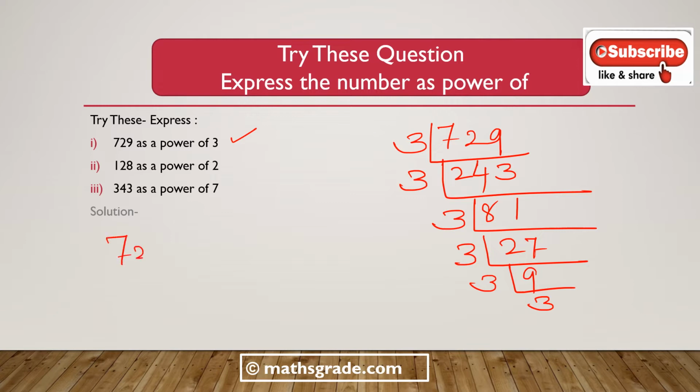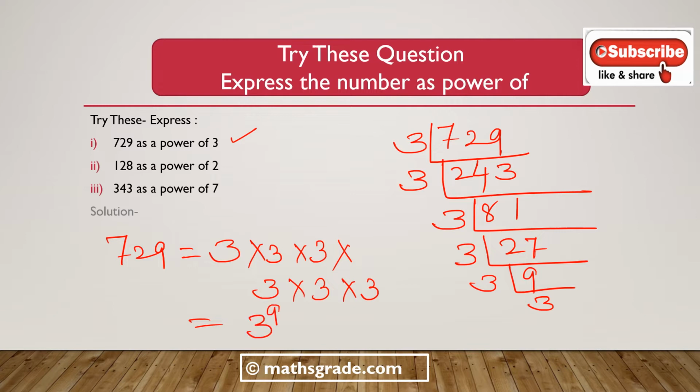Then the prime factorization of 729 is 3 multiplied by 3 multiplied by 3 multiplied by 3 multiplied by 3 and multiplied by 3, which is 3 multiplied 9 times. So 3 to the power 9. 3 is the base and 9 is the power or exponent. So 729 is 3 to the power 9.